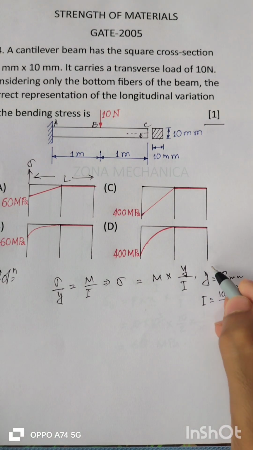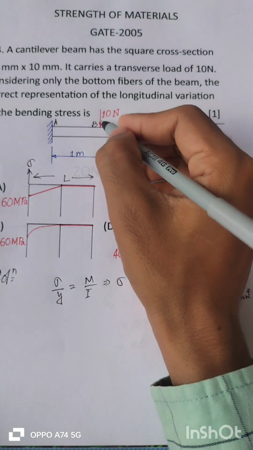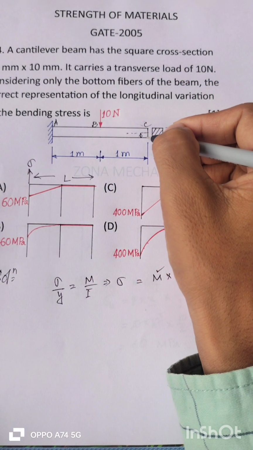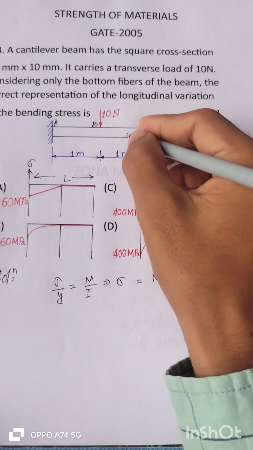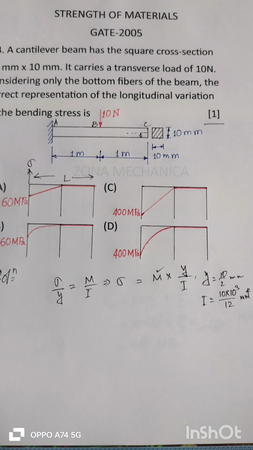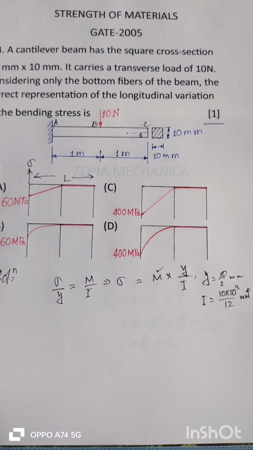So these two are constants, and only M is the variable, so sigma varies with M, which is nothing but the bending moment. Now we have this right hand side portion. Since in this portion there is no support reaction or any other external resistive force, the bending stress is 0 in this portion.